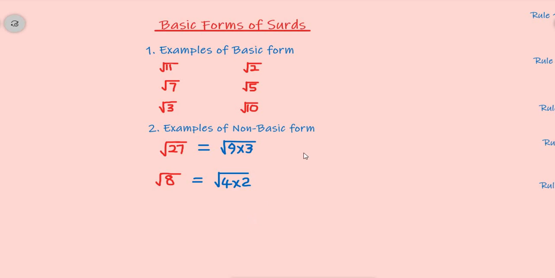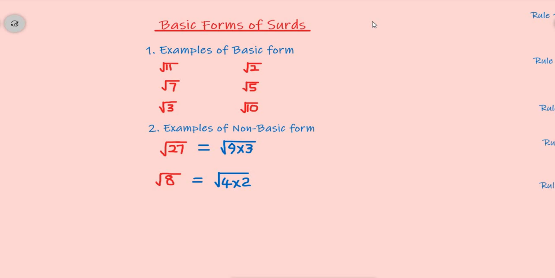A perfect square is like 9, because the square root of 9 will give you 3. The square root of 25 will give you 5. The square root of 16 will give you 4.